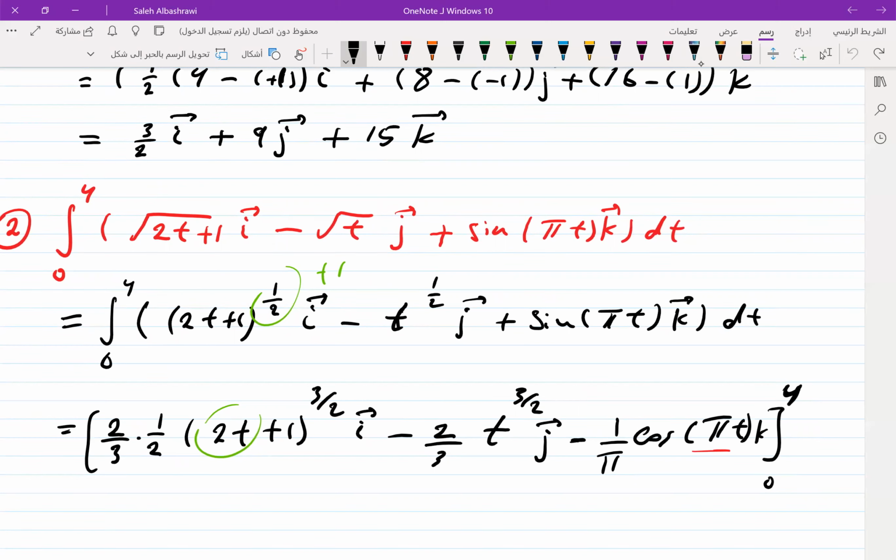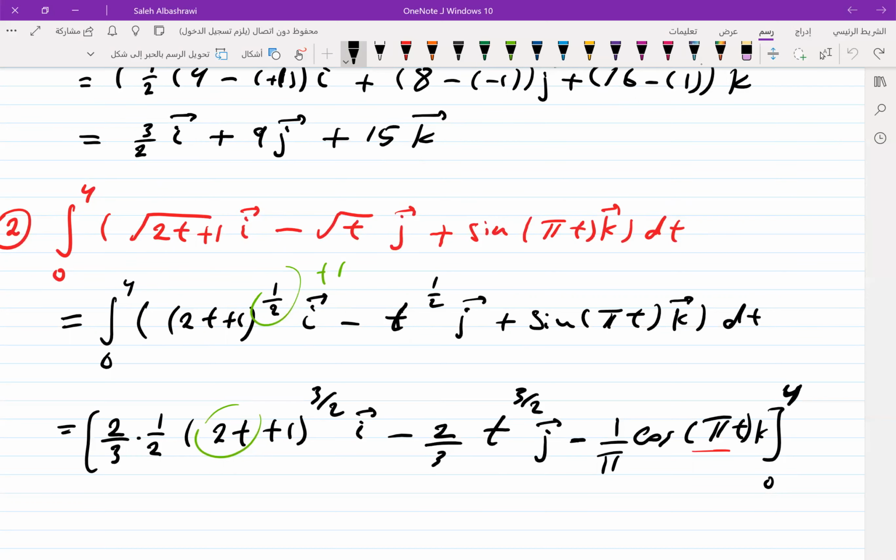So the integration is 1 over 3 times 2t plus 1 to the power 3 over 2 i, minus 2 over 3 t to the power 3 over 2 j, minus 1 over pi cosine of pi t k, and the limits from 0 to 4.